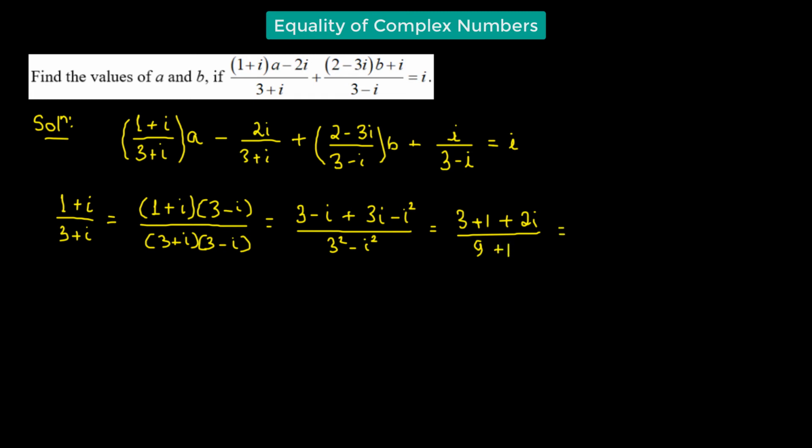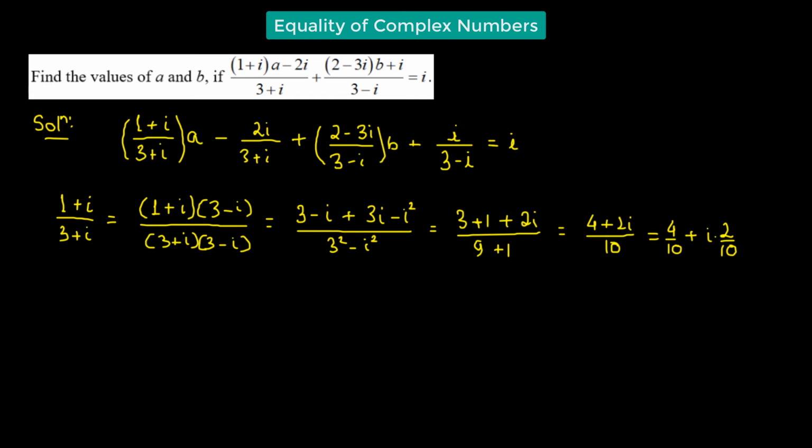So that gives us 4 plus 2i divided by 10, and writing in the standard form we have 4 over 10 plus i times 2 over 10.